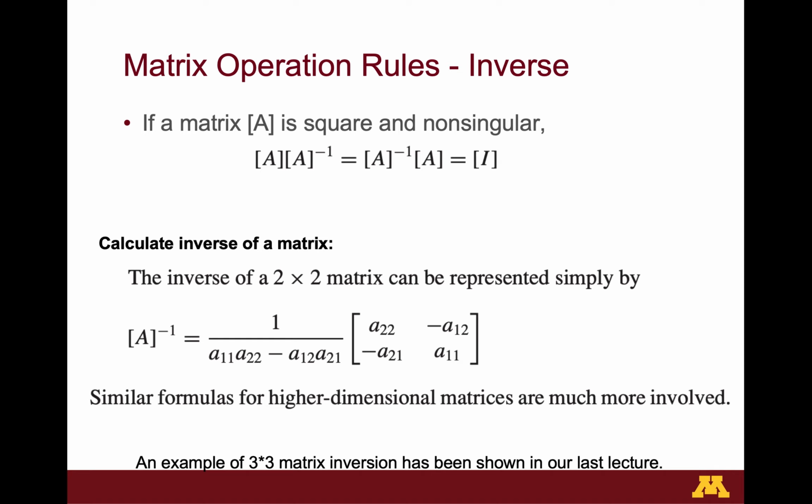Similar formulas apply for higher dimension matrices. However, the calculation will be complicated by hand. It is good that we can use MATLAB's built-in function to calculate the inverse of a matrix easily. Again, the built-in function for calculating the inverse of a matrix is inv.